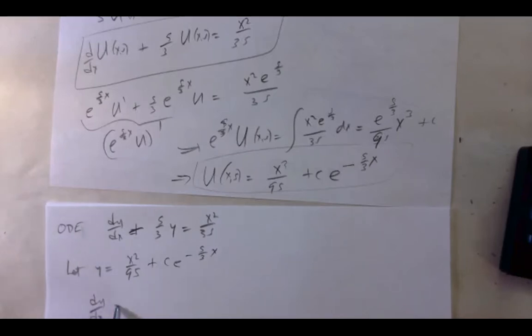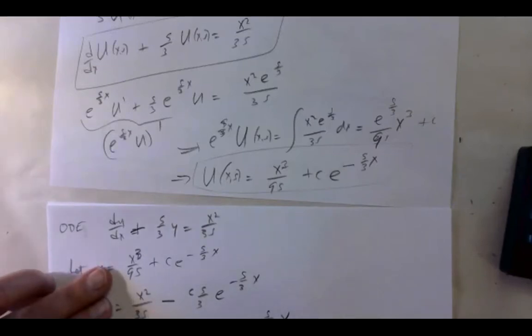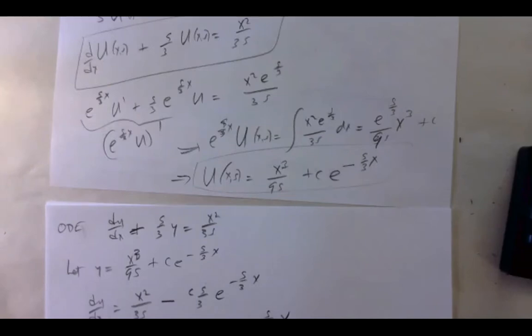So in this case, dy/dx is, sorry, this is a 3, 3x squared over 9s, which makes x squared over 3s, minus c s over 3 e to the minus s over 3 x. So dy/dx plus s over 3 y is x squared over 3s minus cs over 3 e to the minus s over 3 x plus s over 3 times y. Oops, something's not good.